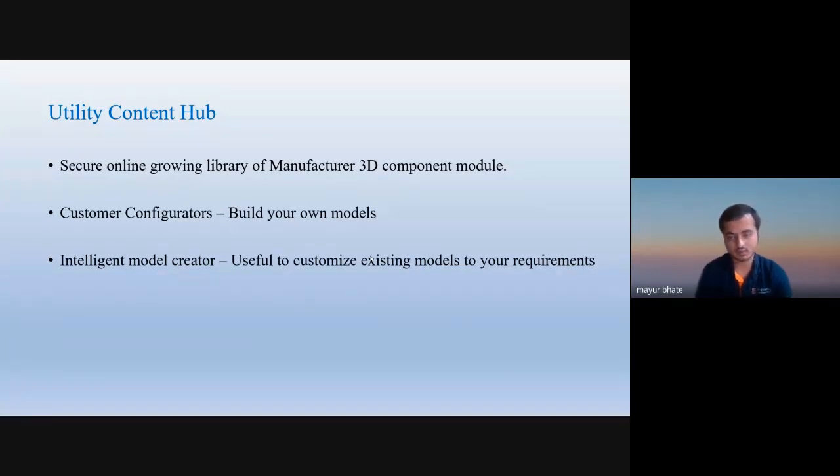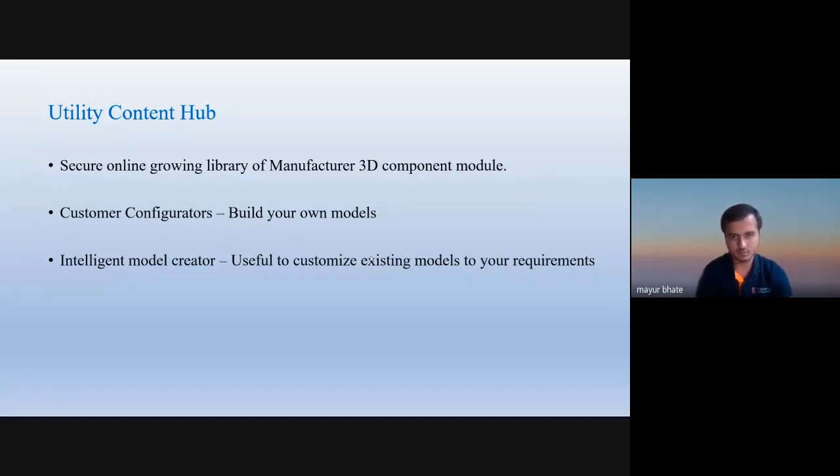If some 3D models are not available as per the designer's requirement, then they can build them on their own. This also is a very big advantage provided by this Utility Content Hub.